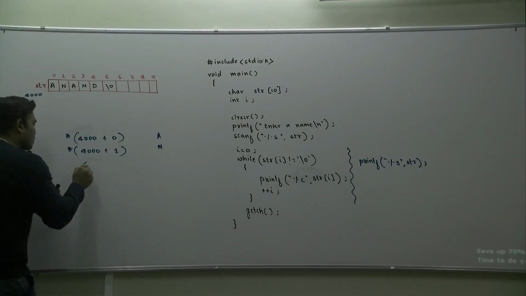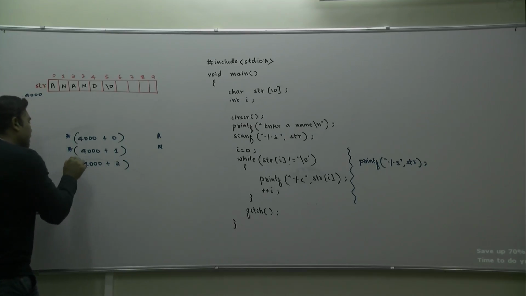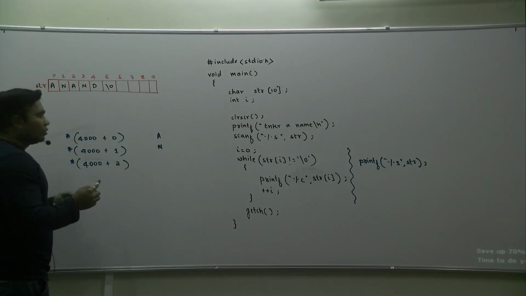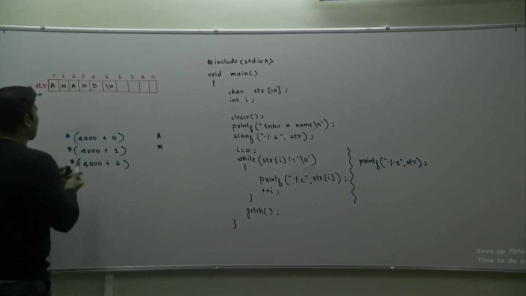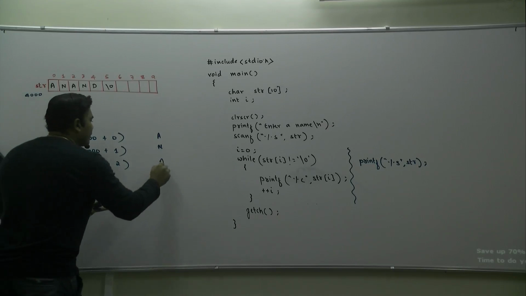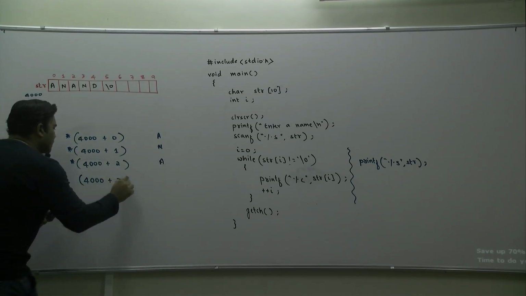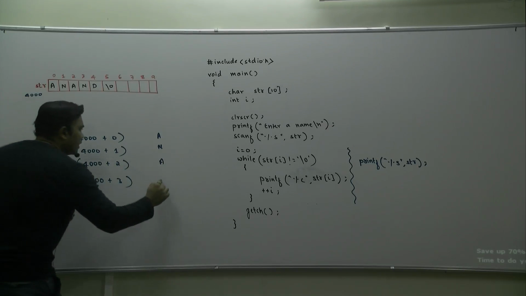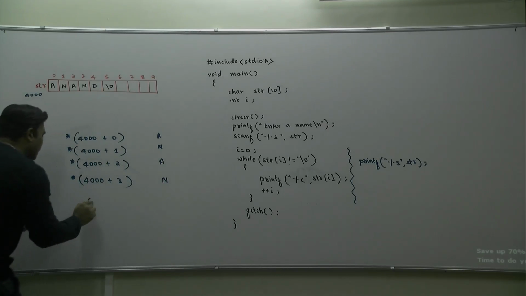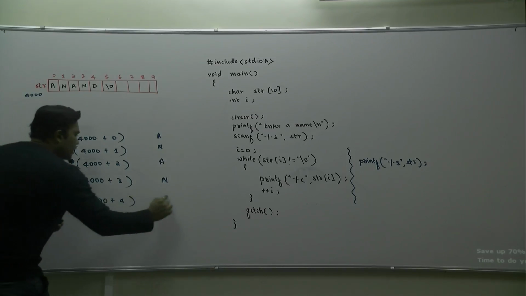Similarly, *(4000 + 2) is the content. 4000 plus 2 is 4002. 100% this is only 4002. Star means A. Similarly, *(4000 + 3) is the content. That is only n. Similarly, *(4000 + 4), that content is d.